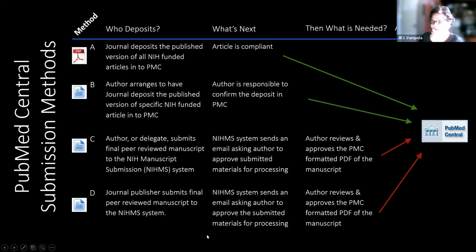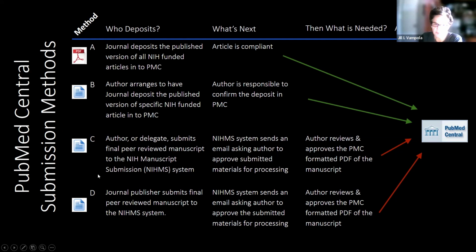Or option D, where the journal publisher submits the final peer-reviewed article, journal publication, whatever you want to call it, to the NIMS system. Then again, the NIMS system sends an email asking for approval, and the author has to go in and approve it. Then it gets sent to PMC, PubMed Central, and then it's considered compliant.